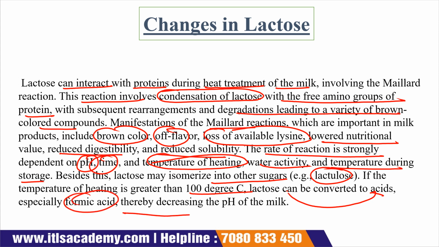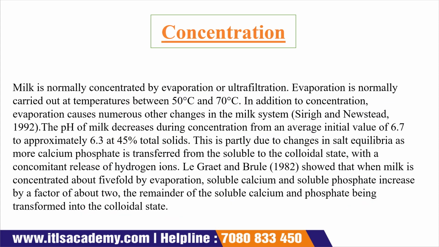Thereby there is a decrease in the pH of the milk. Okay, if the heating temperature of the milk is greater than 100 degrees Celsius, then the lactose is converted into different acids, but especially formic acid, due to which the pH of the milk decreases. Now the next is concentration.